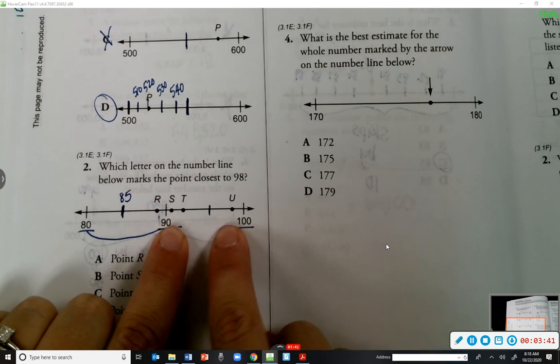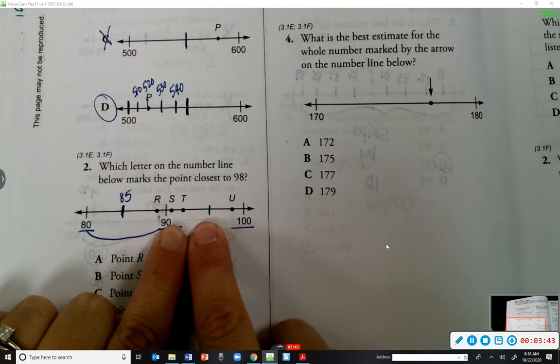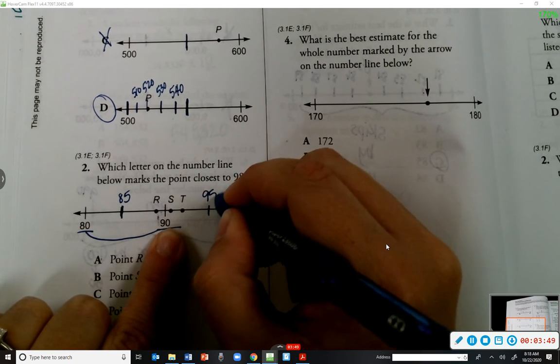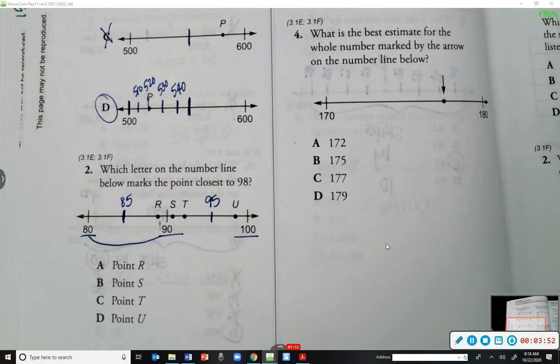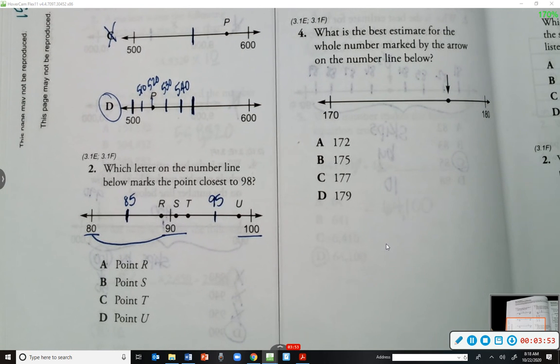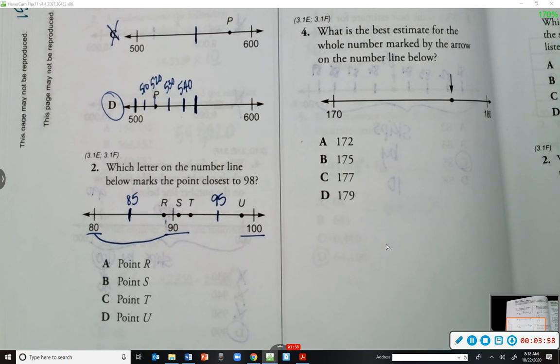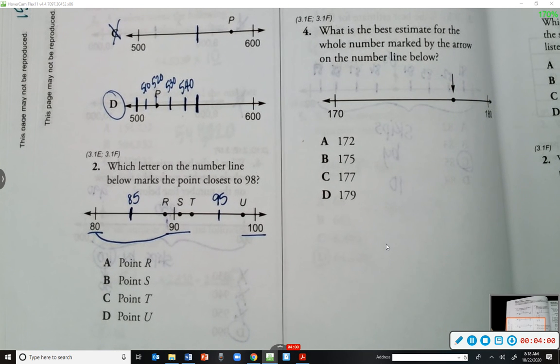90 and 100. What would be in the middle? 95. Not 50. Halfway between 90 and 100 is 95. We're skipping by 10s, remember? So now I can narrow it down now that I know where the middle is.